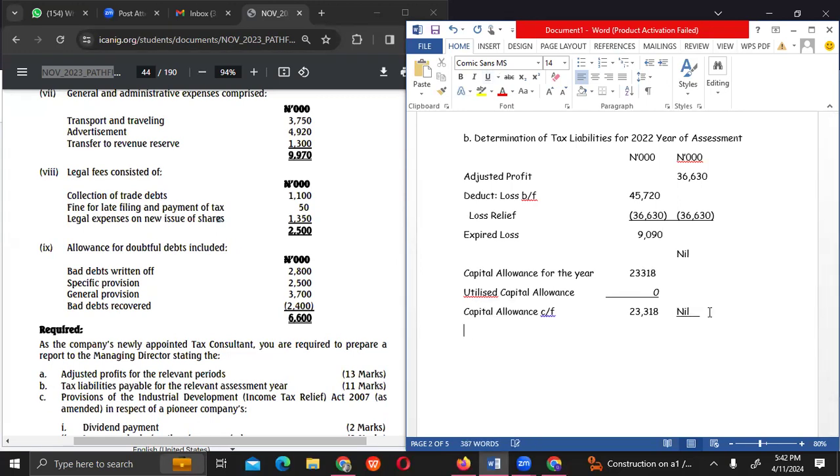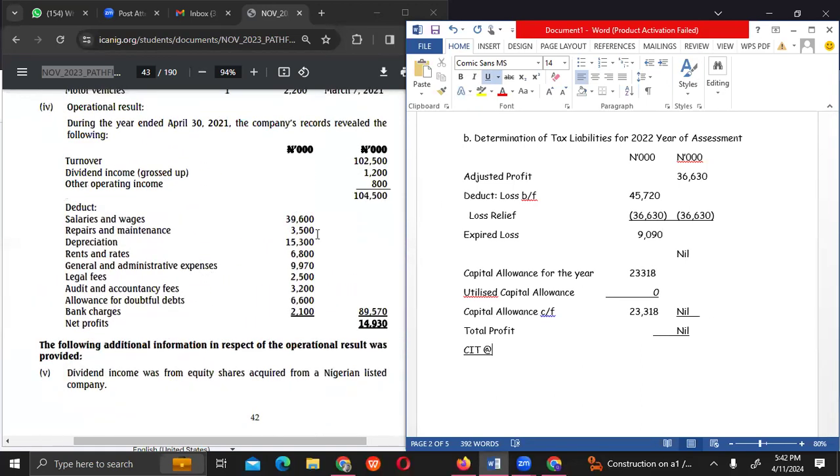So total profit, nil, right? Yes. Because of CIT, you need to check the turnover of the company to know what is the rate.